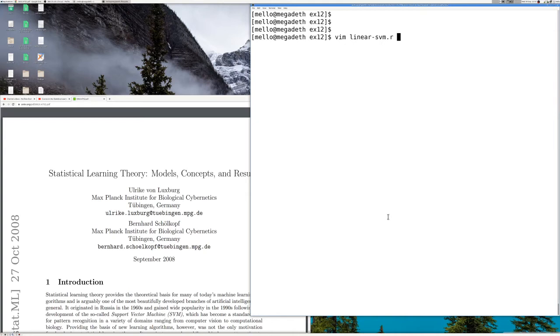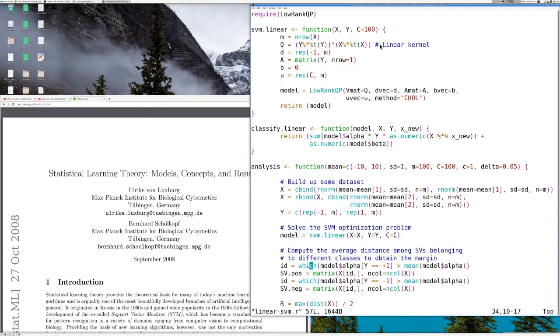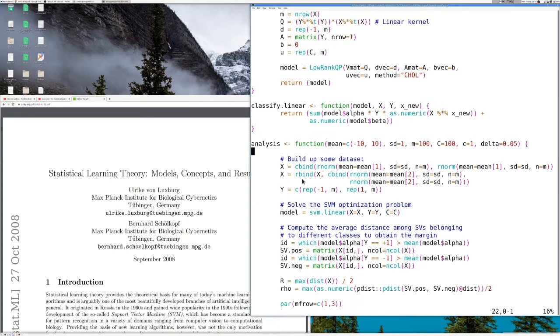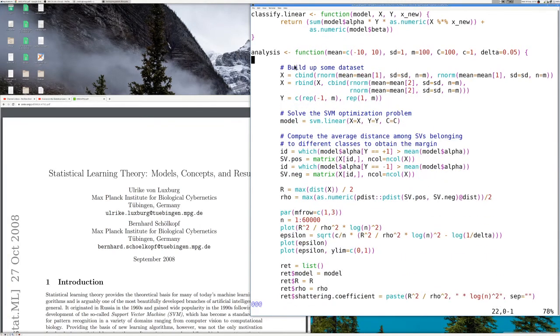I just took advantage of our previous linear SVM and I wrote a code to perform an analysis on our space. As you can see here, I'm just building up some data set.